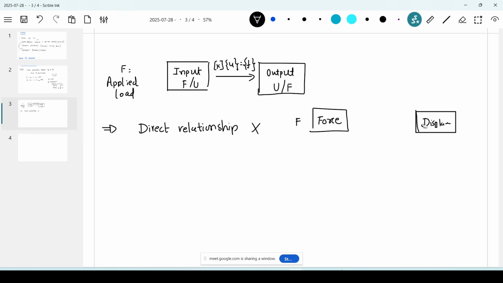Force F, displacement U. We know the relationship is direct, that is K, but it is something like this. If you have force, this we are talking about 1D, let's take a 1D example, let's take uniaxial tension of a bar, something like this.